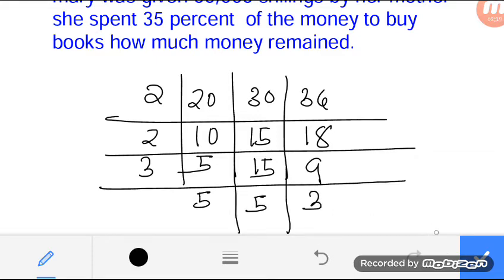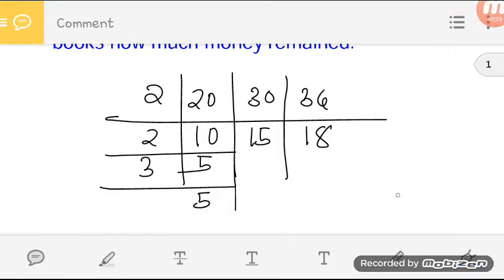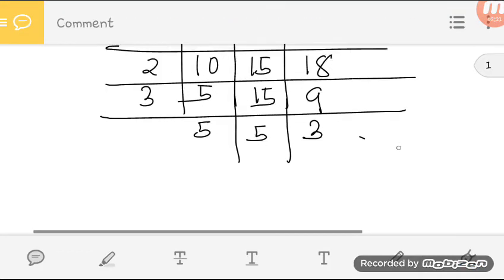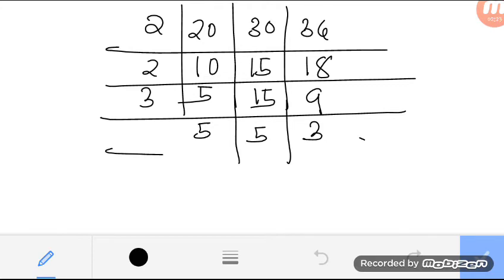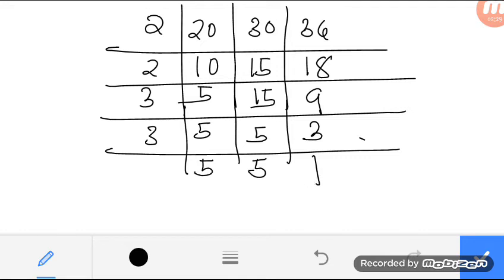Again the smallest number is 3, and we remain with 1. Then it is 5, resulting in 1, 1, 1.